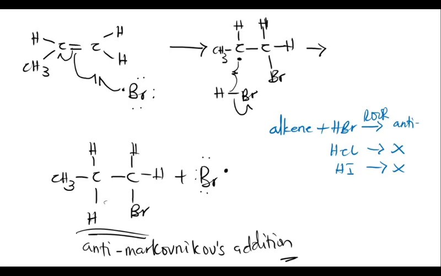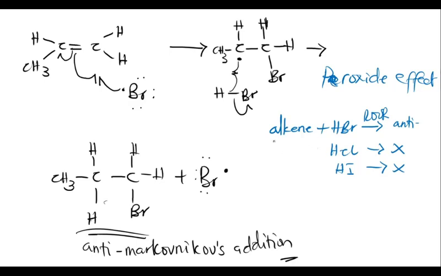So to note is the fact that in the addition of alkene with HBr, because we have a peroxide over here, the peroxide brings about a new term that we call the peroxide effect. Now the peroxide effect is simply the change in regioselectivity of addition of HBr to an alkene in the presence of a peroxide.